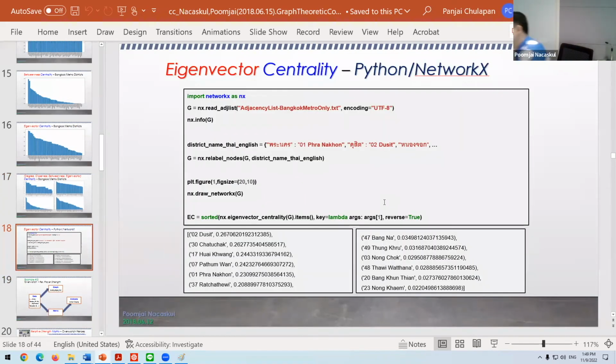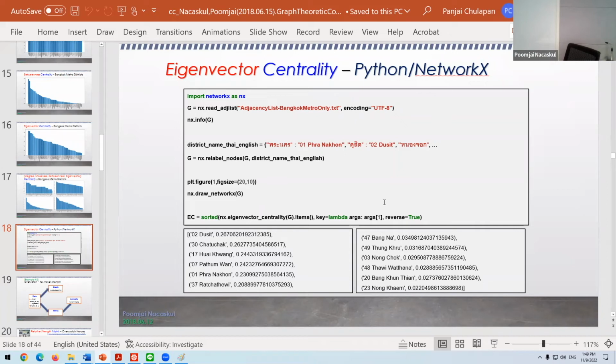Now, just to give you a flavor, this is how you would use it in Python. Python doesn't allow you to do this kind of network theory easily, so first you have to import the library called networkx. Once you import networkx, you can do calculations.